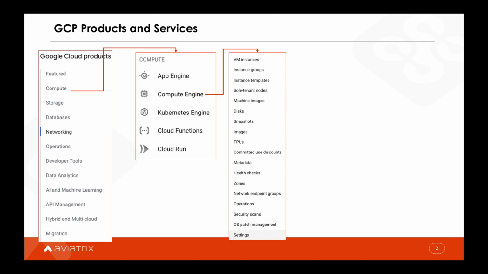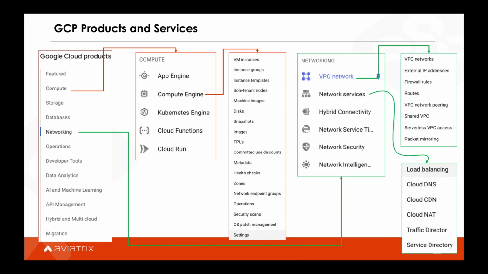Since we are in the topic of connectivity, let's take a look at this networking product within GCP. Now, in this category, you have, again, a bunch of different services. You have your VPC network, you have your hybrid connectivity option to connect GCP to on-prem data center or branches, and some other networking services.